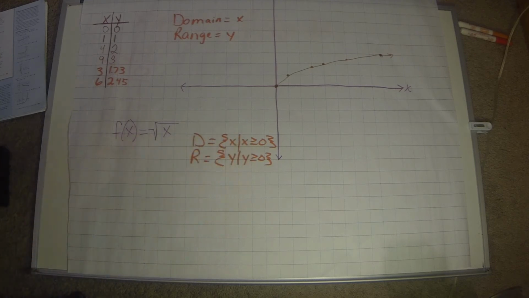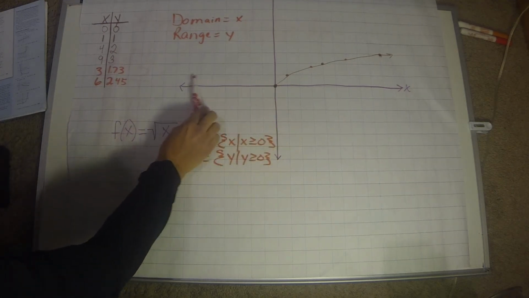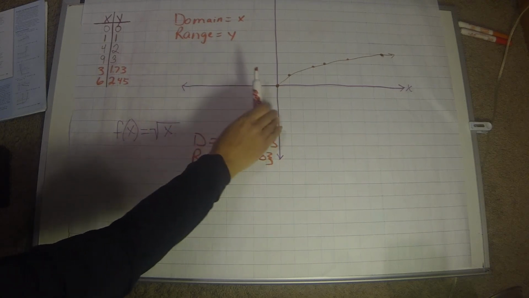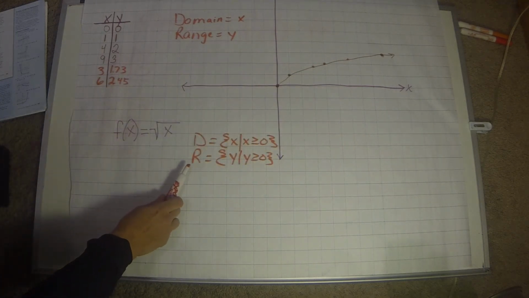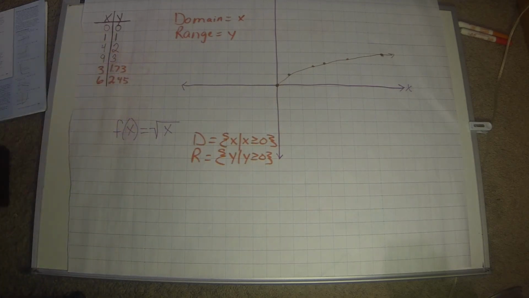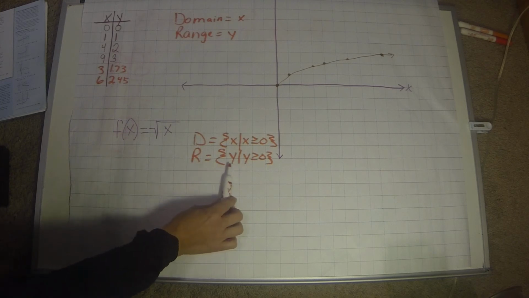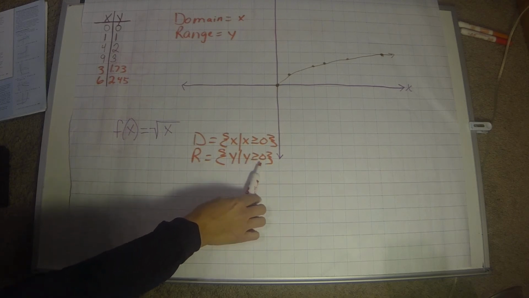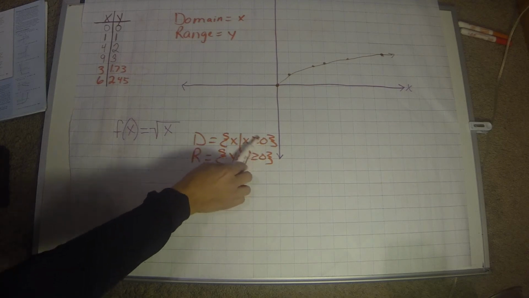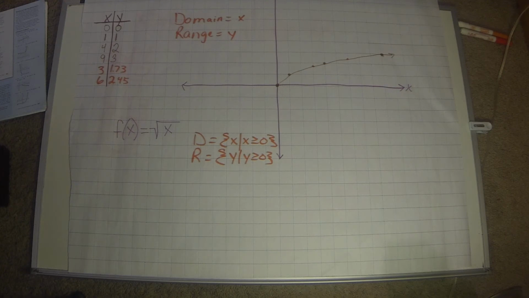And that's going to end up being our domain, because we're not going to have any negative values for x. They're all going to be positive. Our range, we're not going to come any lower than this, because if we plug in the lowest number we can in for x, the lowest number that y is going to be is 0. So our range is going to be y such that y is greater than or equal to 0. If you look at these two pieces here, this kind of tells us that it's going to be in that first quadrant, and that's where our graph ends up.